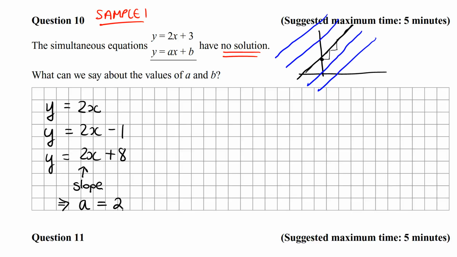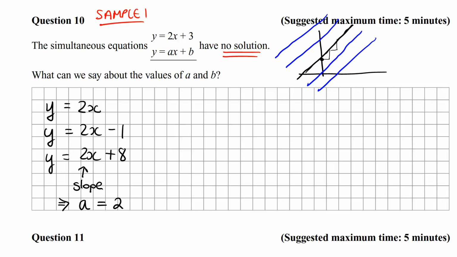Now I suppose we should be careful though, because we shouldn't allow it to have the value of 3, because 3 would mean that the line is exactly the same line as the one we've drawn, which means they would have an infinite number of solutions that are the same.